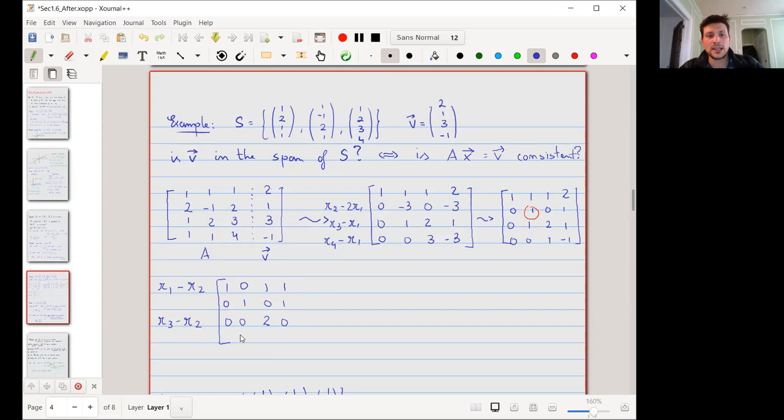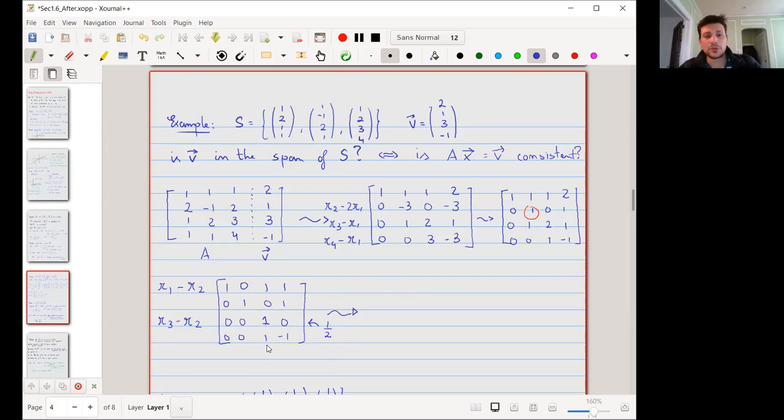And I'll have my fourth row, 0, 0, 1, -1. We're almost there. Now, allow me to take this third row and rescale it. So I divide everything by 2, which effectively just makes that 2 into a 1. For posterity, I'll write a 1/2 there so that we remember.